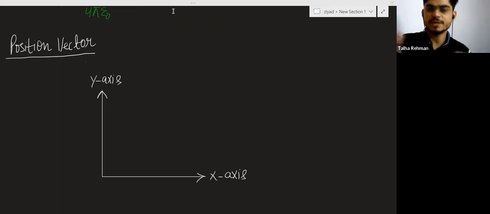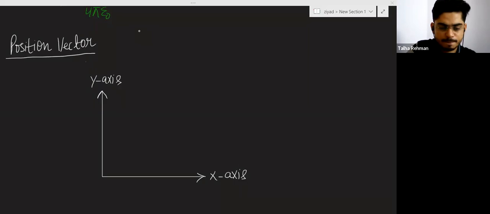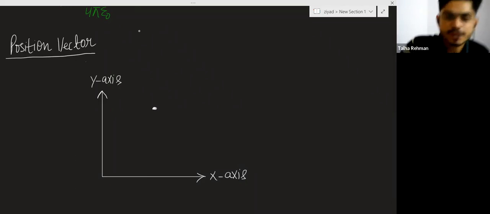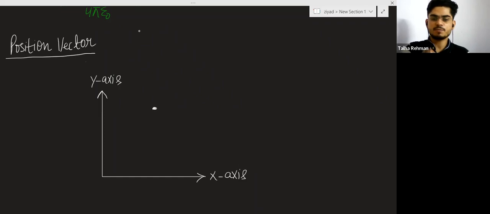You can choose any point on this axis. I am just choosing one point here. This is the location of any point, or you can say the position of any point.